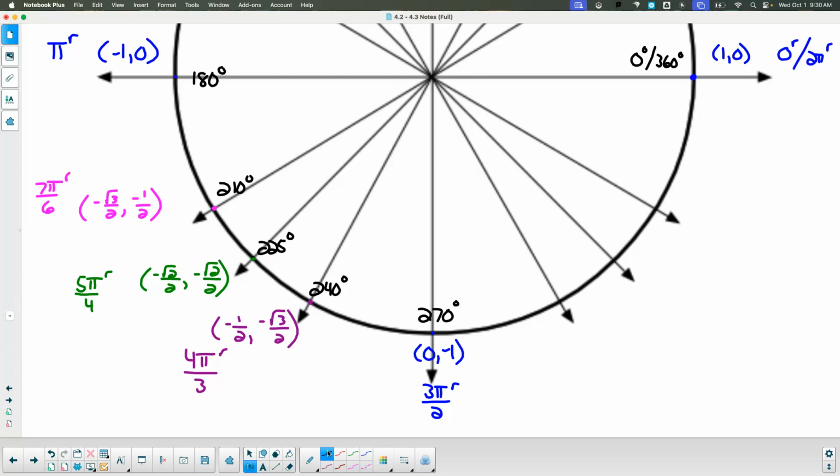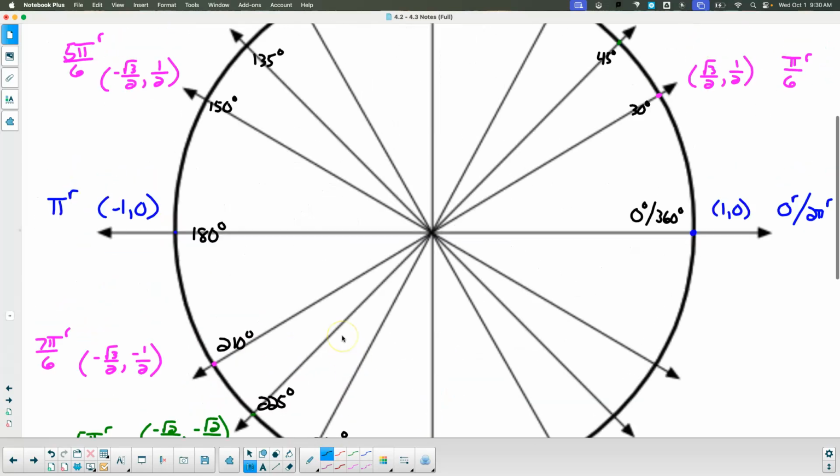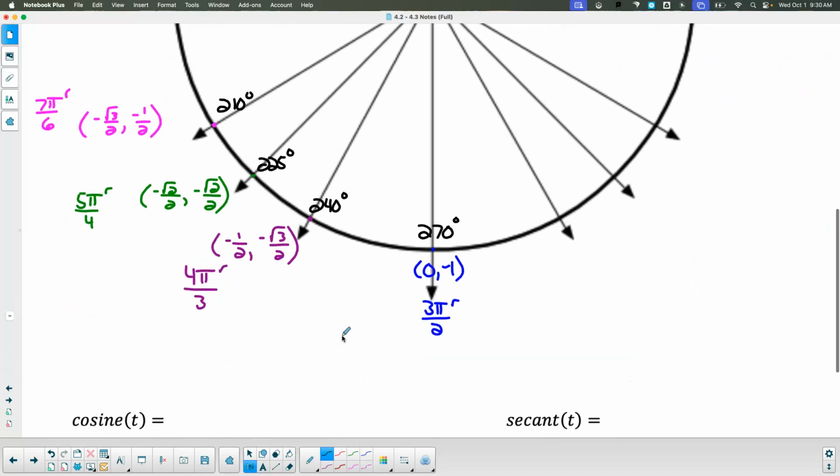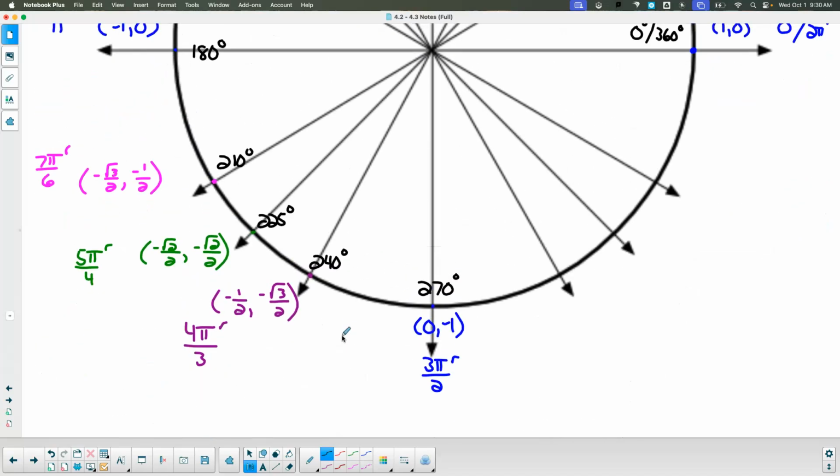Okay, so kept the same color scheme, didn't I? Yep, good. Pinks and purples always get me confused. Next one would be 1/2, comma, -√3 over 2. It's going to be 5 pi over 3, not 200 anymore.